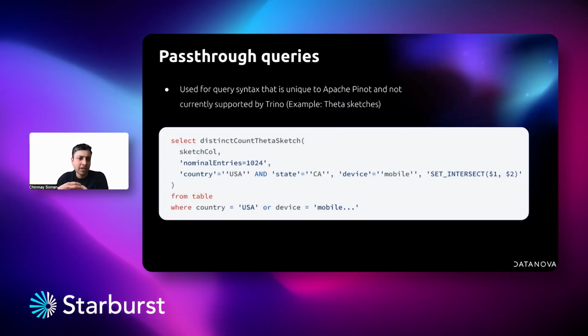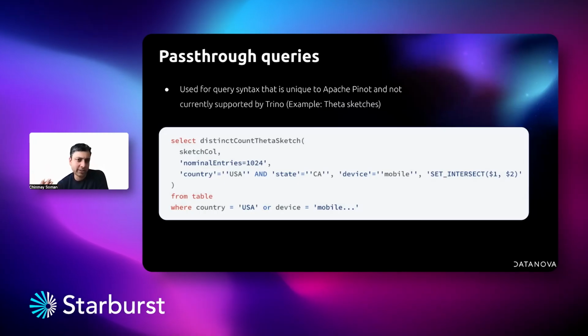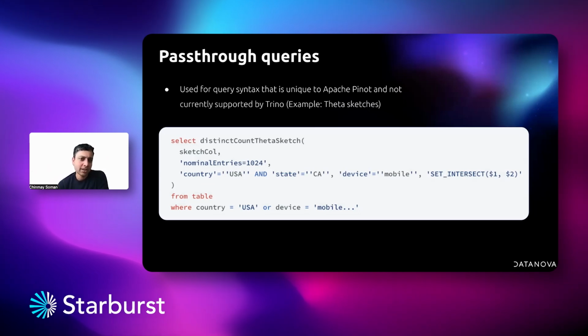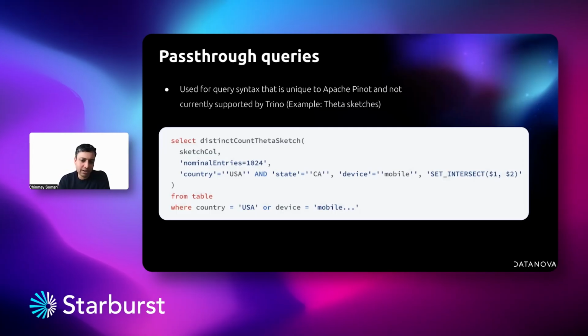For example, theta sketches. Here's a theta sketch query example, which is actually Pinot syntax. Theta sketches, in case you are not aware, are a probabilistic data structure used to give you approximate aggregations. So with this enabled in Pinot, you can run it directly on Pinot, but there's no easy way to run it on Trino in the vanilla version.